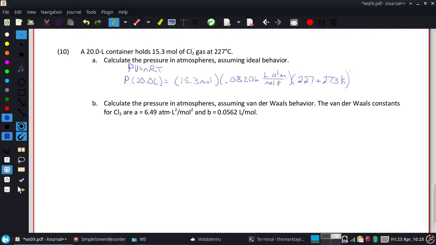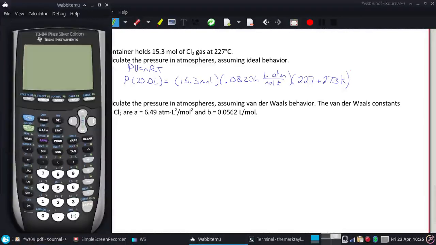Okay, bring up my calculator here, and we're going to go with 15.3 times 0.08206 times 227 plus 273.